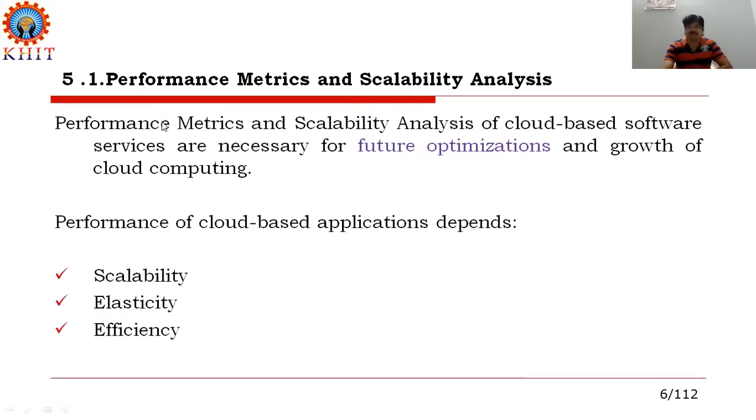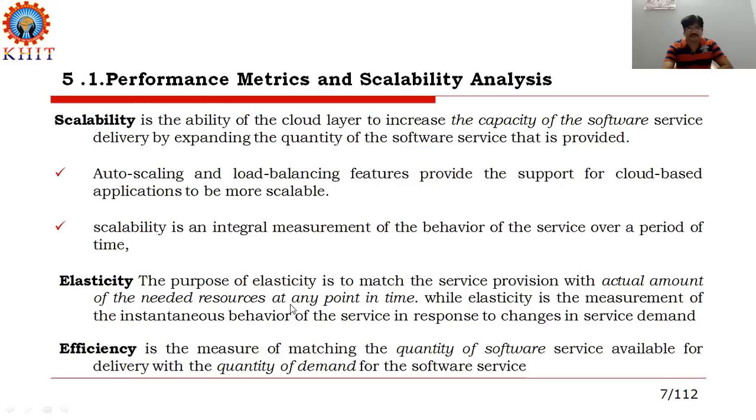So how can we measure the performance of an application or a product? That always depends on three factors, namely scalability, elasticity, and efficiency. Let us discuss these three clearly in the next topic.